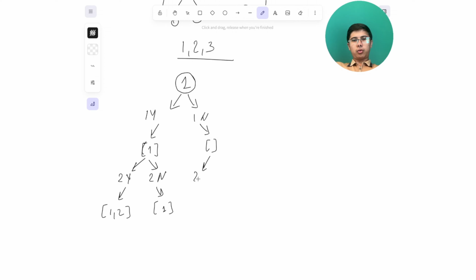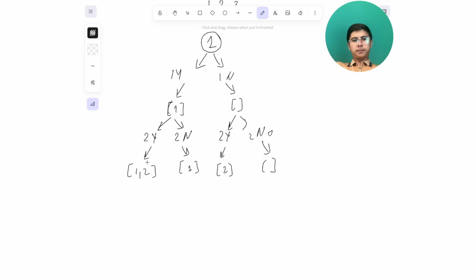If for 2 we say yes, then the set becomes [2], and for no, it's still blank. We don't need to write 0.